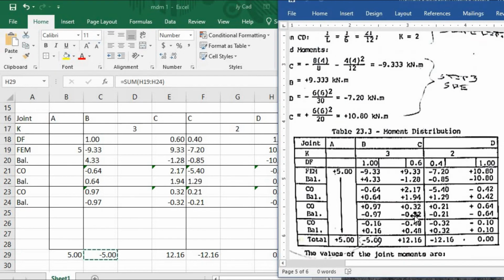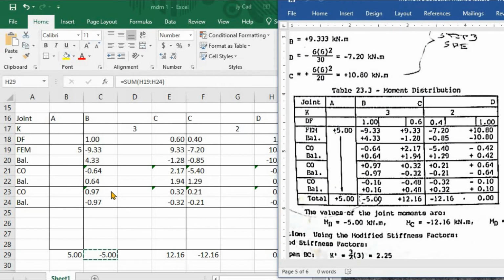And let's compare this with the book. Dito kay book, nag-extend pa siya ng isang cycle. Okay? Pwede rin yan. Next, the values of the joint moments are moment at B, that is negative 5, and then moment at C is negative 12.16, moment at D is 0.